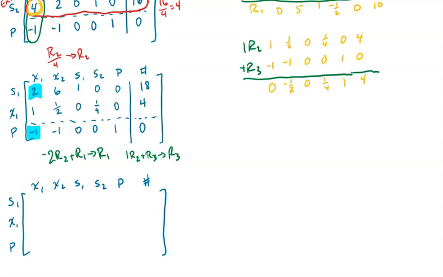And if you hadn't done the entering and exiting variables yet, now's your last chance to do them. You do want that x1 on the side by now. So we have a new row 1, 0, 5, 1, -1/2, 0, 10. Row 2 stays the same, so 1, 1/2, 0, 1/4, 0, 4.